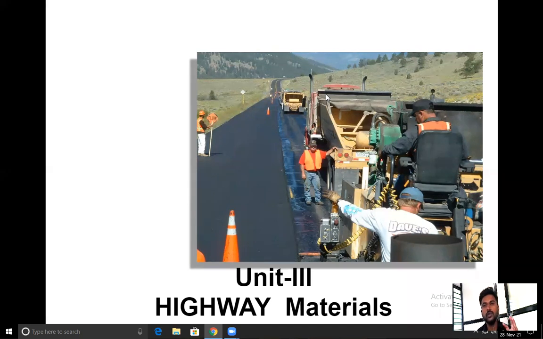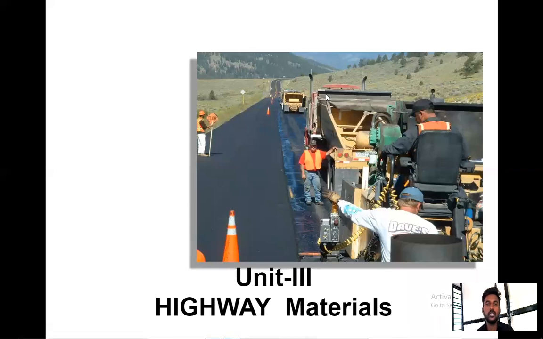These are the very important parameters that we need to test in the laboratory or on the site, to find out their characteristics and strength points. Only then can we judge whether that material is useful on the site or not. So this is a very important chapter as far as highway engineering is concerned.